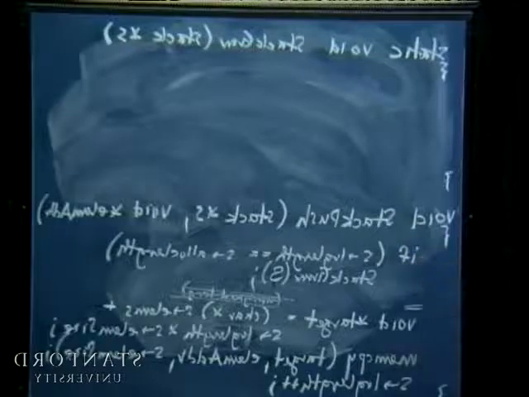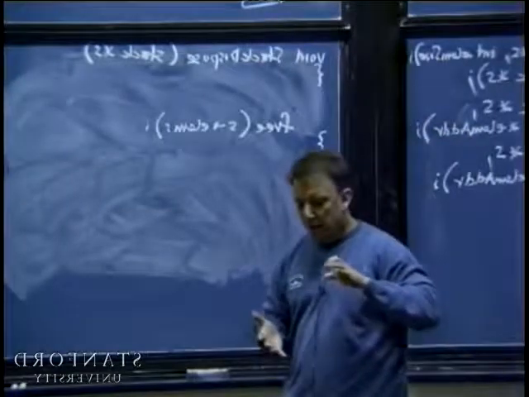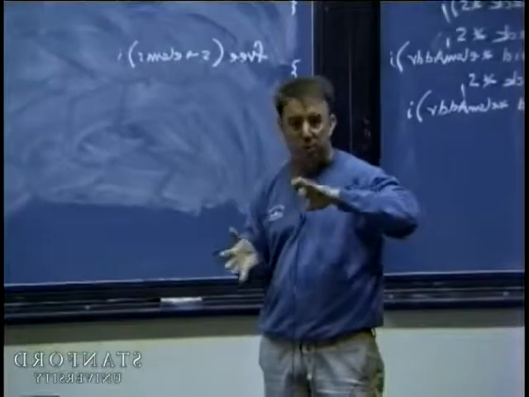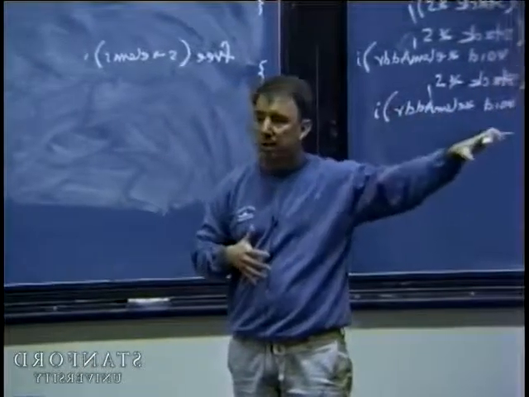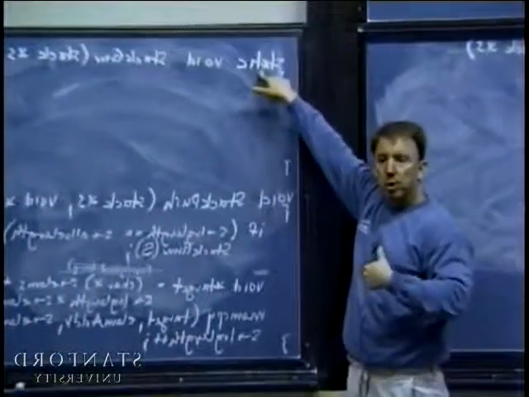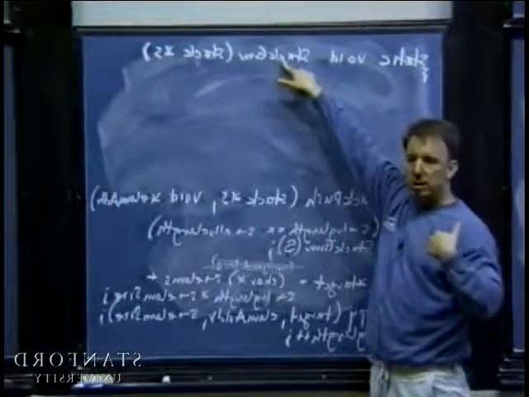Stack push and stack new and stack dispose are all marked as global functions, and the symbols or the names of those functions should be exported and accessible from other .o files or made available to other .o files. Something like this is marked as what's called local or internal. And even though the function name exists, it can't be called from other files.